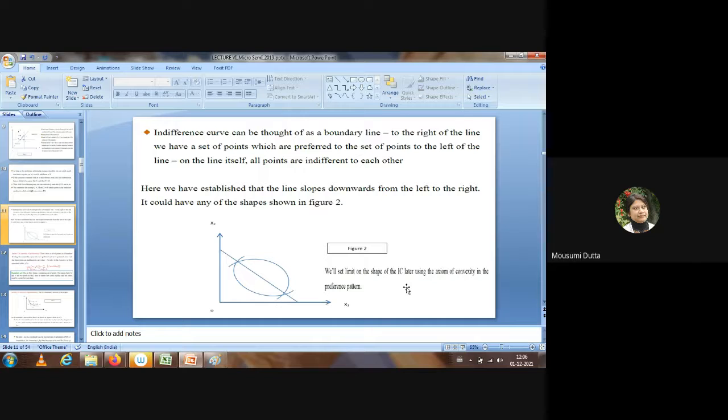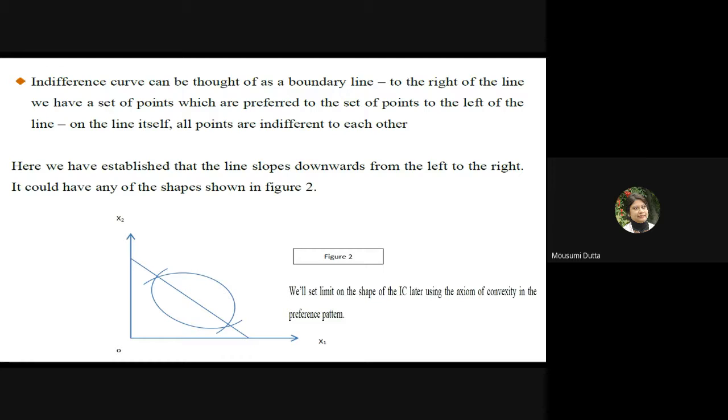So first, let's understand the idea of the indifference curve and the negative slope of the indifference curve. And then I'll come to the curvature of the indifference curve, and we will limit the curvature to the idea of convexity. In general, the indifference curve will be a convex curve.